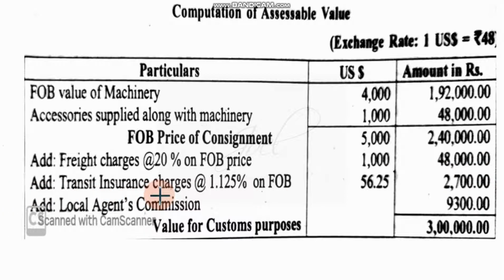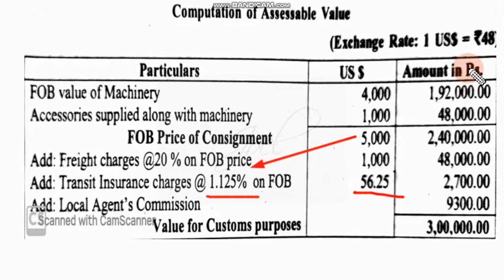Then transit insurance information is not available in the problem. I told you when it is not available in the problem, we have to consider 1.125% of FOB price. So now also FOB price for us is 5000. So 5000 into 1.125%, when you do that, you will get 56.25, dollars it is, not rupees.